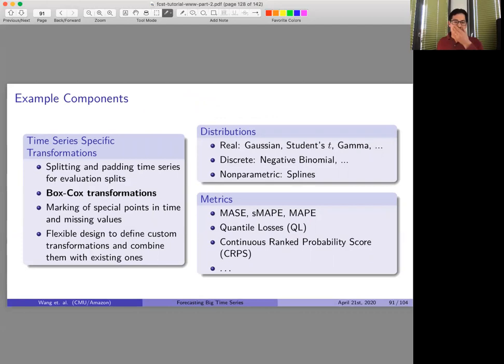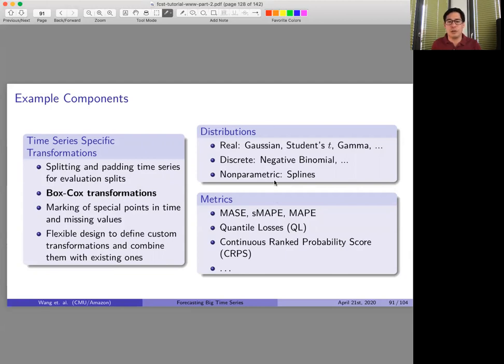And then here are some examples that we have available in GluonTS. We've got lots of metrics for computation. Metrics, of course, are something that you want to get right. You don't want to have a bug there. So having a well-tested suite of forecasting metrics out there is important. Sometimes, for example, the continuous ranked probability score may not be as easy to implement, so it might be nice that something is already there.